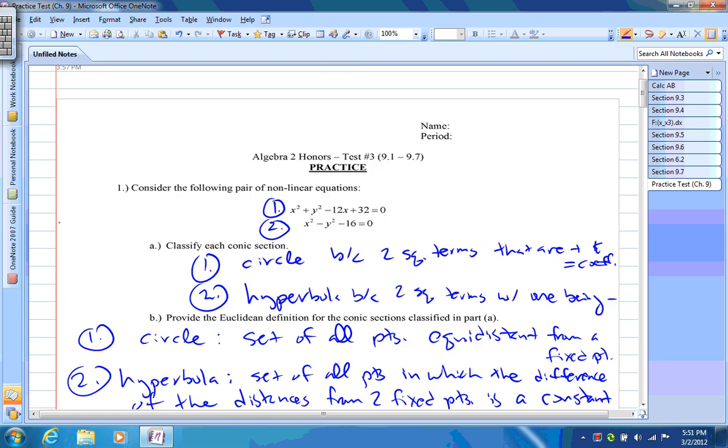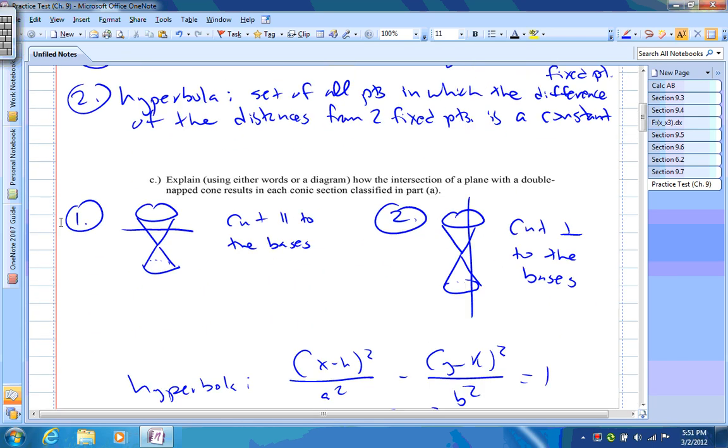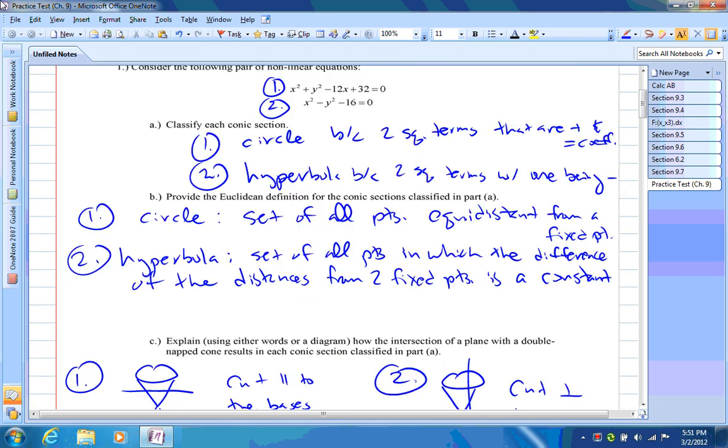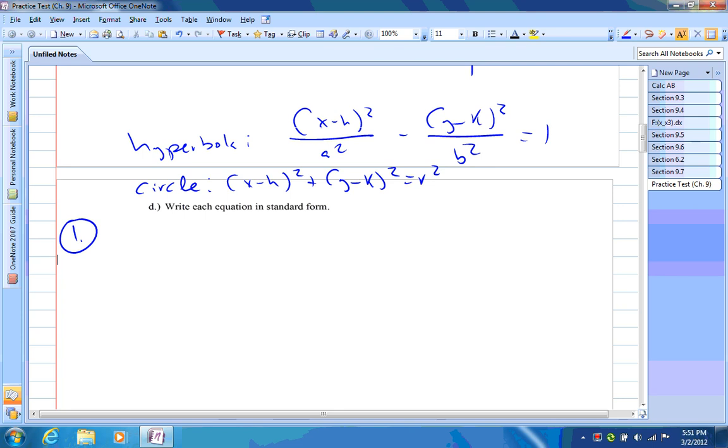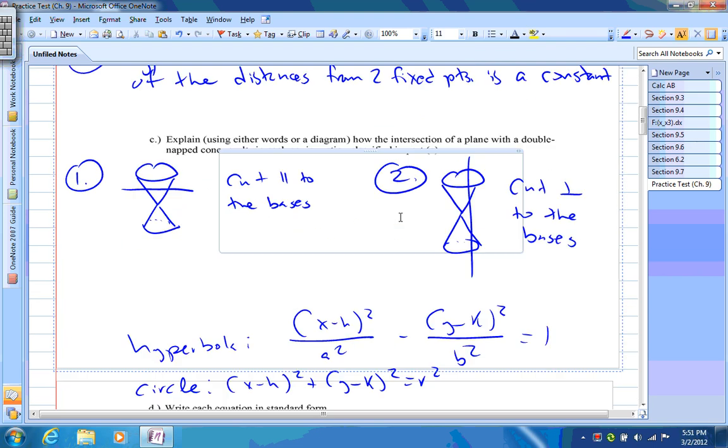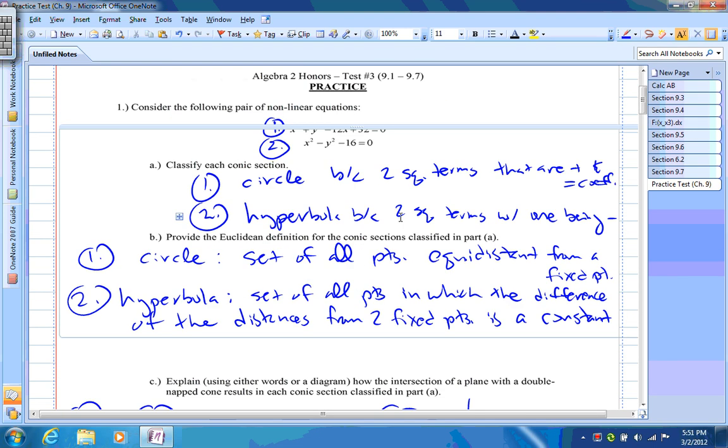The equation was x squared plus y squared minus 12x plus 32. So I'm going to group x squared. X squared minus 12x plus y squared equals negative 32.